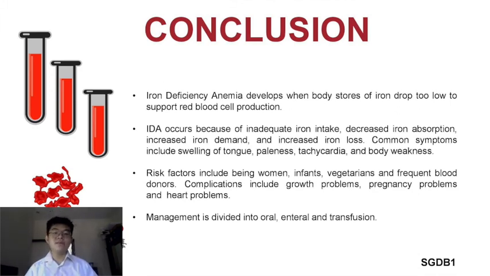Common symptoms include swelling of the tongue, paleness, tachycardia, and body weakness. Risk factors include being women, infants, vegetarians, and frequent blood donors. Complications include growth problems, pregnancy problems, and heart problems. Management is divided into oral, enteral, and transfusion. Oral ferrous gluconate, ferrous fumarate, and ferrous succinate were equally well absorbed.